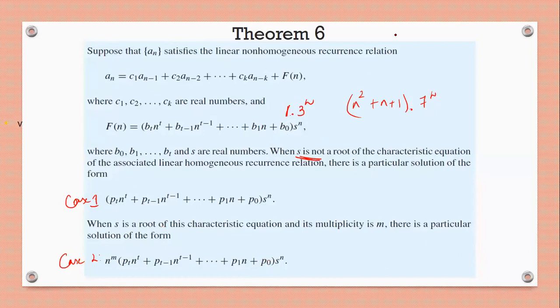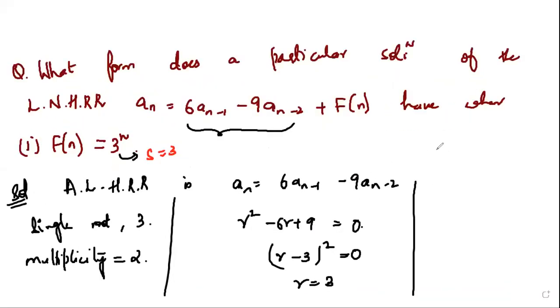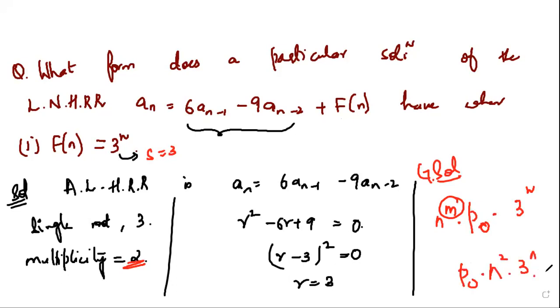So the particular solution of our complete equation is given as n^m times p0 times s^n. Since the multiplicity is 2, the general form will be p0 first, because it is a constant, times n² times 3^n.